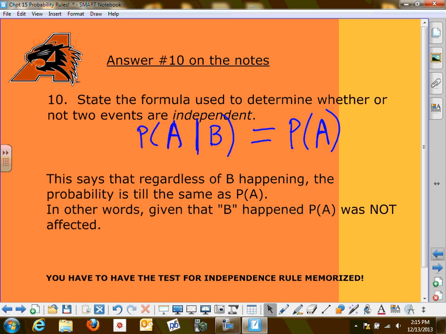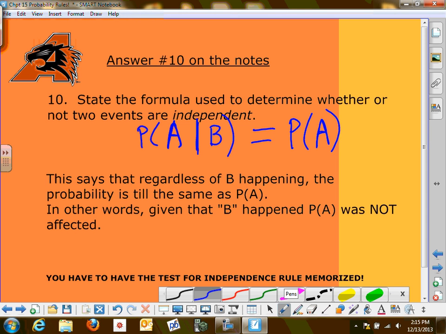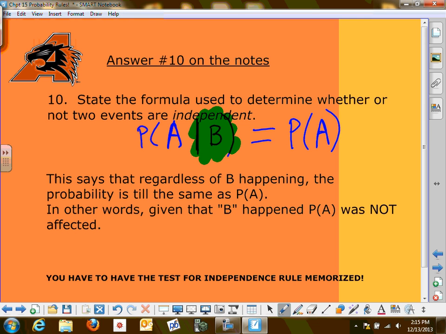And here's what that means: the fact that B happened did not change the probability of A happening. The probability of A on the left is the same as the probability of A on the right, regardless of whether B occurred or not. If B is not affecting it, it's not changing it, then they're independent of each other.